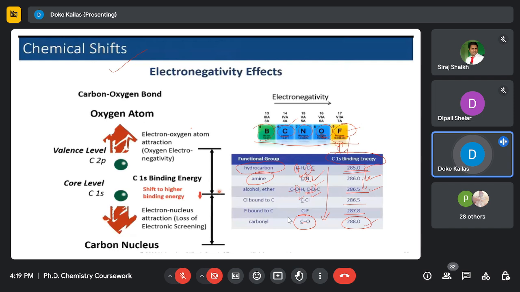Now this is one polymer. A polymer is more than a monomer: N number of monomers combine to give a polymer. So it is a repeating unit, and here there are three different carbons, exactly like NMR. This carbon has a different environment, this carbon has a different bonding environment, and this carbon has a different bonding.